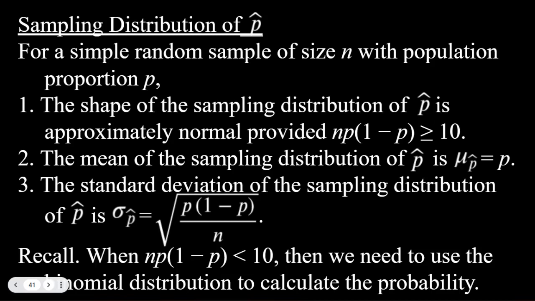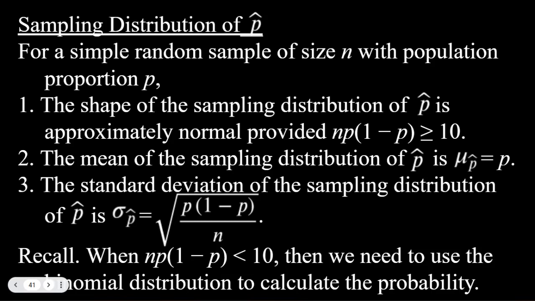And then if you remember 1 minus p, that's the complement. So that's the proportion of individuals in your population that does not have the characteristic that you're talking about. And so if you are multiplying those three things together and you get a number greater than or equal to 10, we would say that that sampling distribution for p hat is approximately normal.